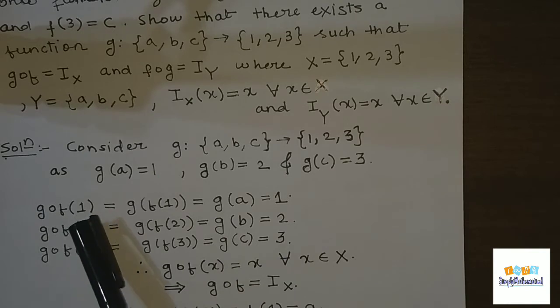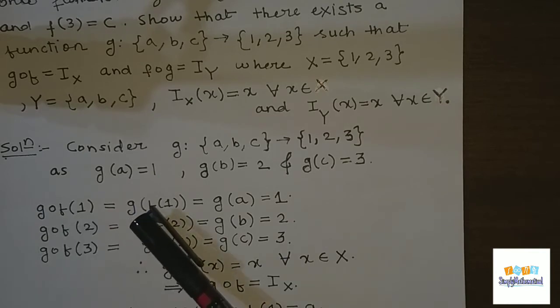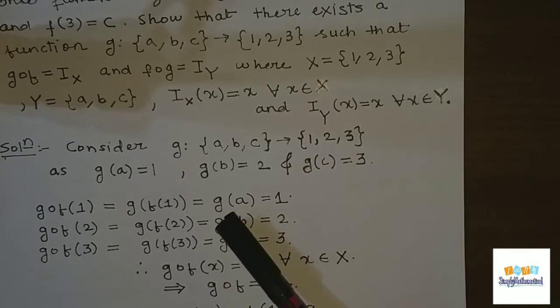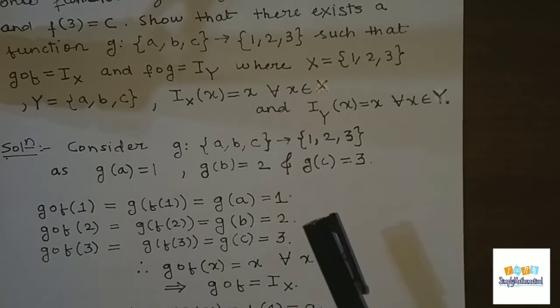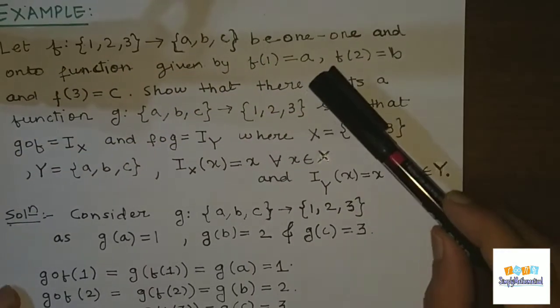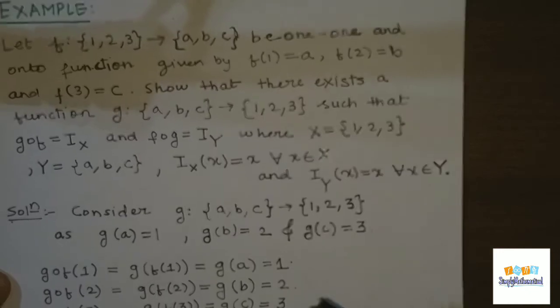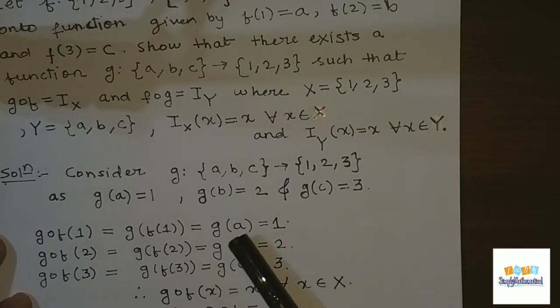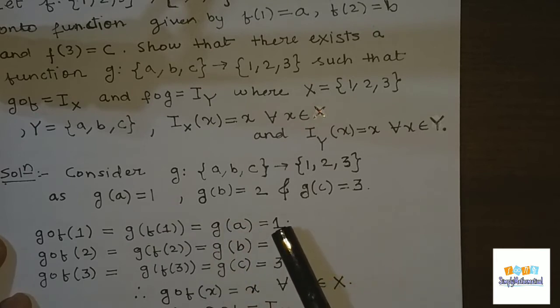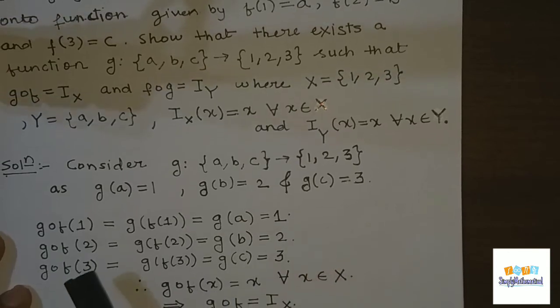So g composition f of 1 is equal to g of f of 1, which is equal to g of a, because f of 1 is equal to a here. Now g of a is what? g of a is equal to 1. So here we get 1.